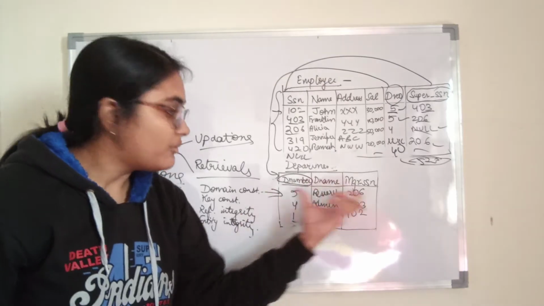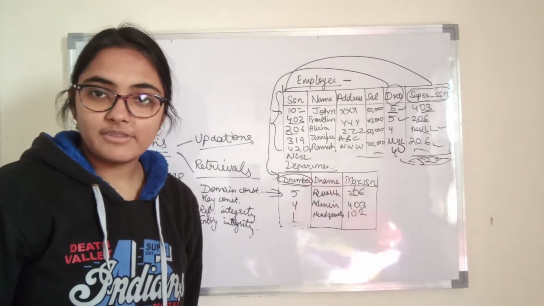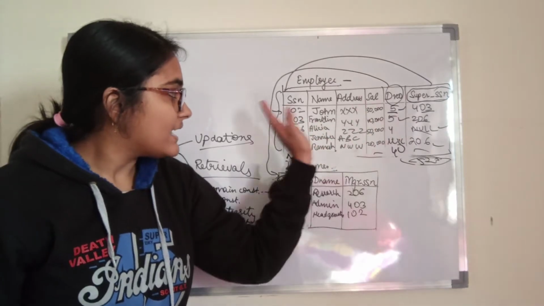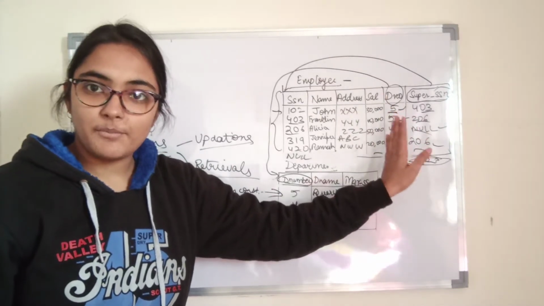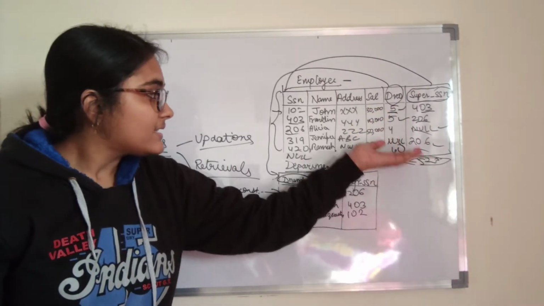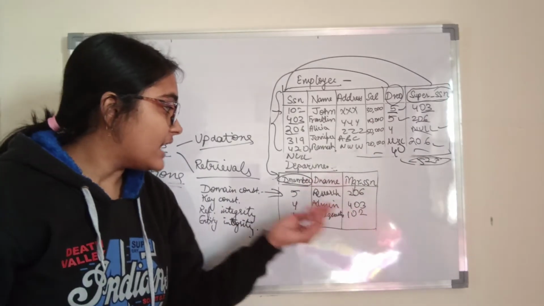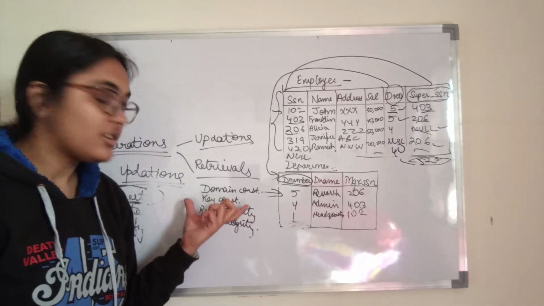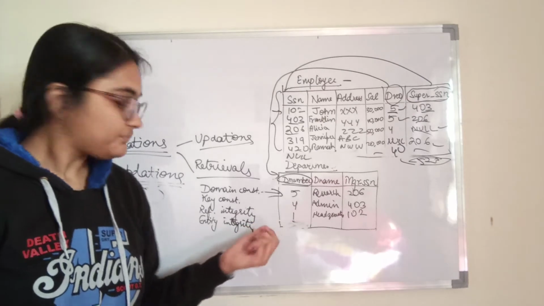In case I remove department number 5, then how can an employee work for department number 5 if it is not present? Right, it cannot work. So if an employee is working for a department, that department should already exist in the company, right? So that is how referential integrity constraint can be violated when we are deleting a tuple from a relation, right? So deletion operation can cause violation of referential integrity constraint, okay?